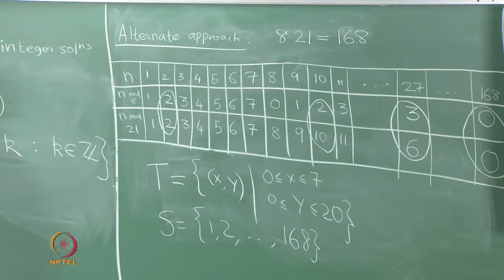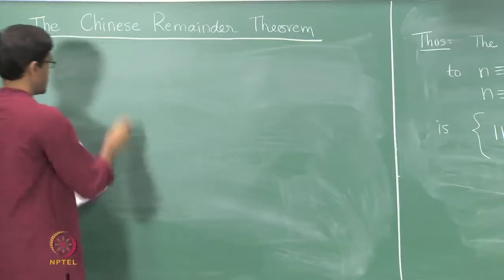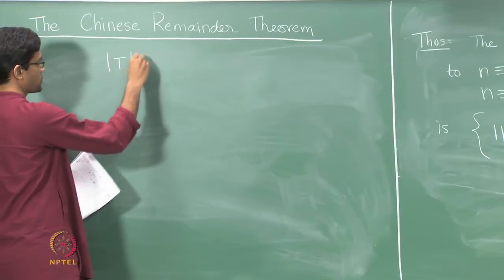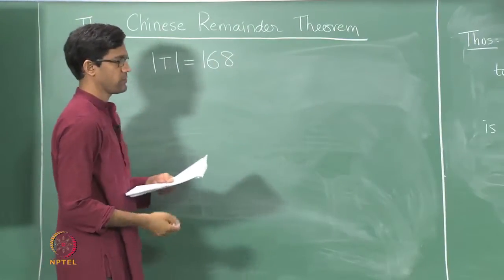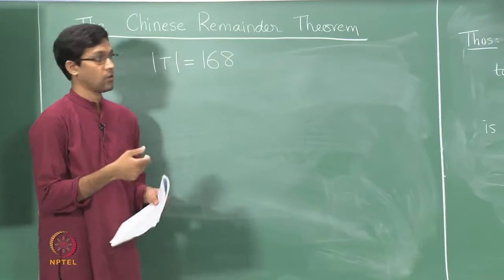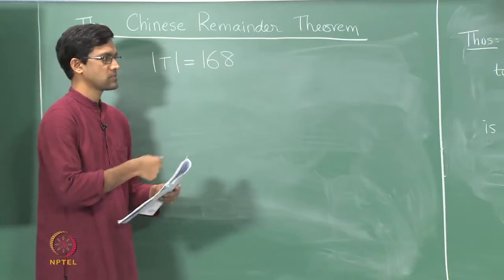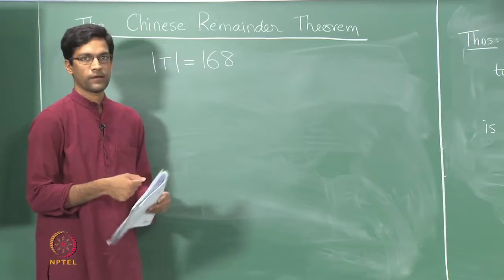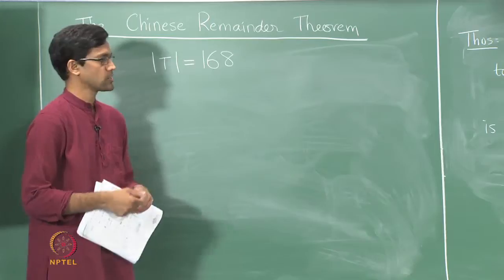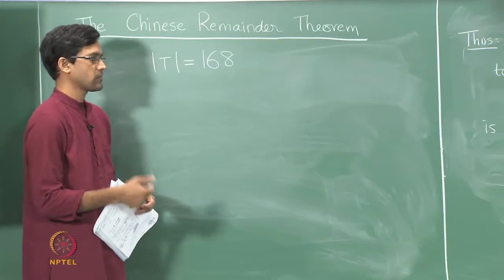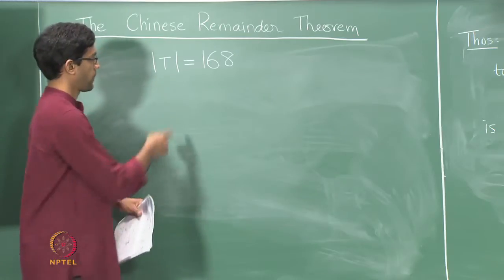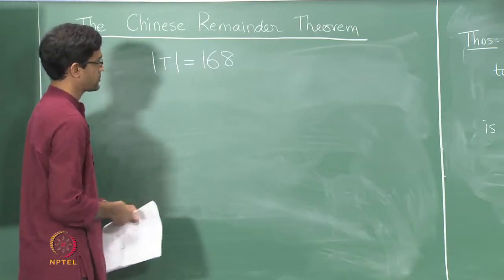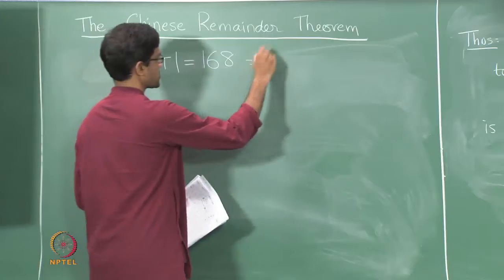It's clear, because the elements of T are just pairs of numbers x comma y, and for the first entry x you have 8 choices, numbers from 0 to 7, and for the second entry y you have 21 choices. So the total number of ways in which you can form pairs is exactly 8 times 21. So it's clear cardinality of T is 8 times 21. Cardinality of S is of course the same.